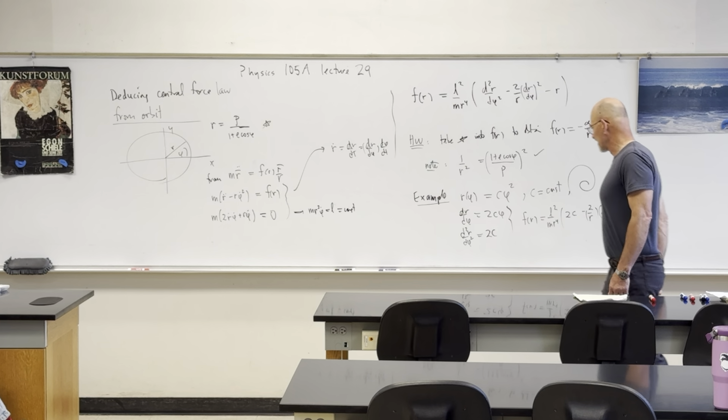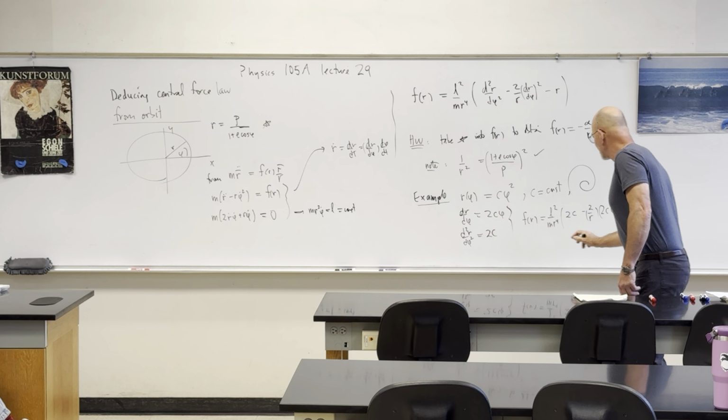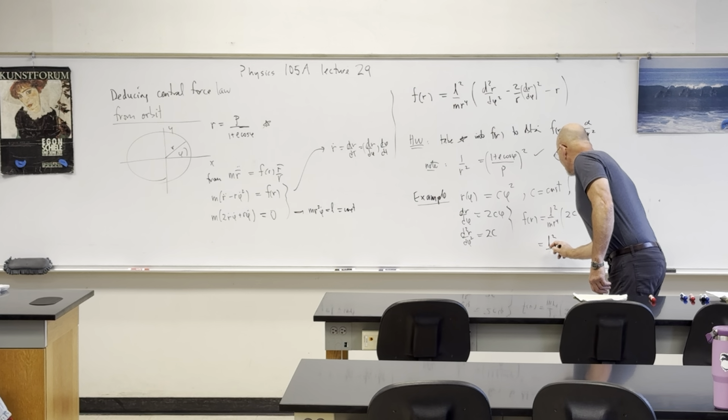So we'll have equals L squared over m r to the 4th, 2c minus 2 over r, we've got 4c, and then we've got a c phi squared left over, and that would be r times r, minus r.